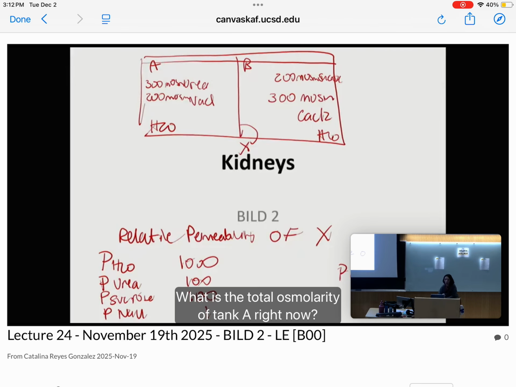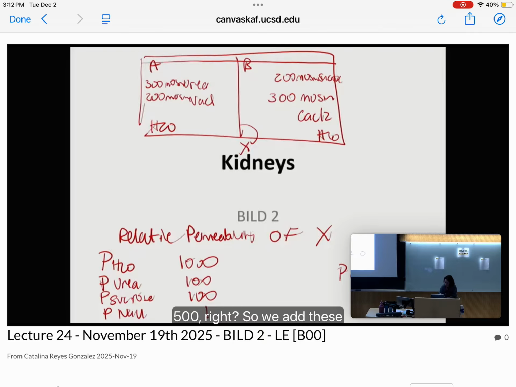What is the total osmolarity of tank A right now? 500, right? So we add these two. This is 500 milliosmolar. What about tank B? Total osmolarity of tank B, 500.